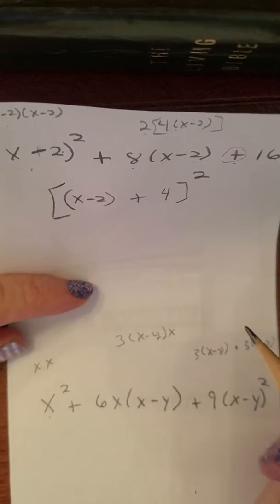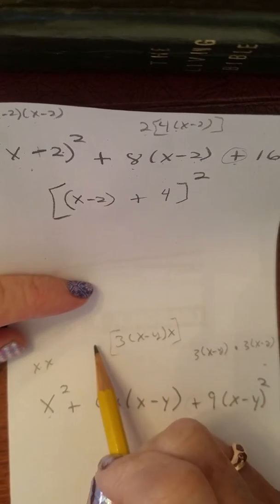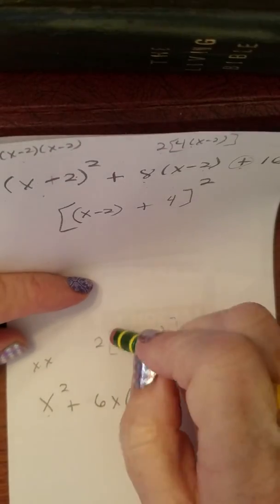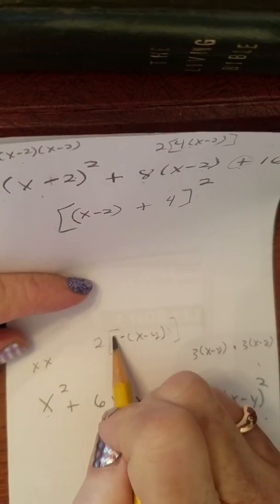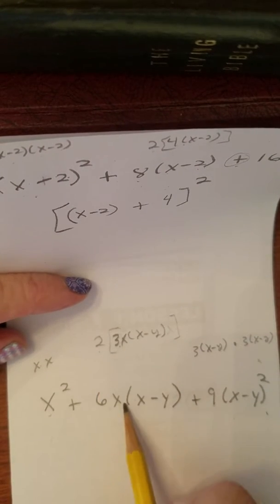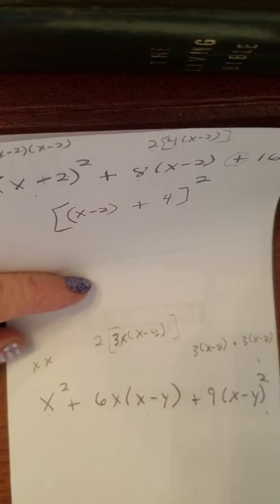If I take this here, this 3x minus y times x, and then I double it, would I get the same answer? Well, 2 times that gives me the 6x times that. So this is that doubled. So it checks out.